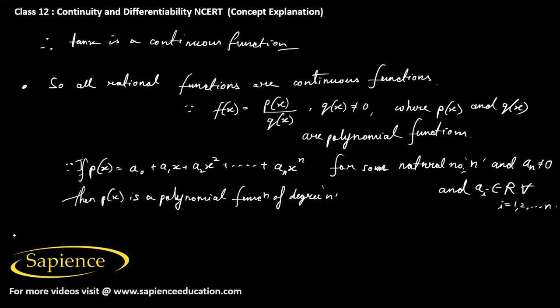So now limit x tends to c, p of x. If we put x equal to c here, then it will come p of c.